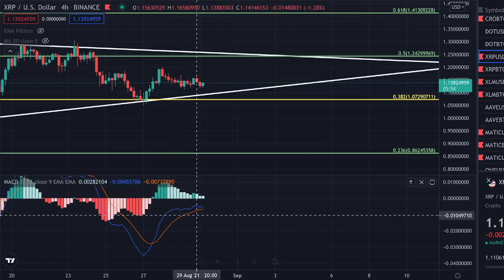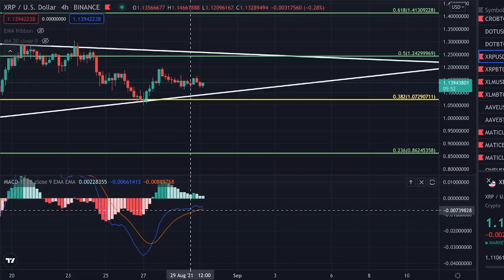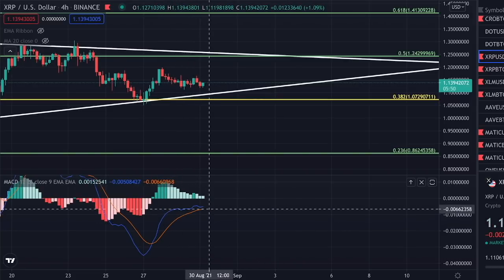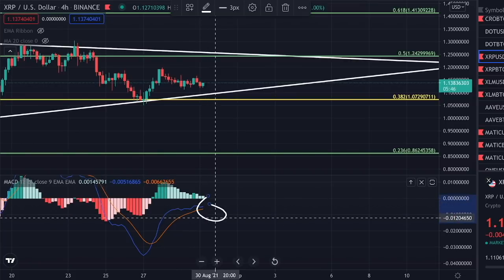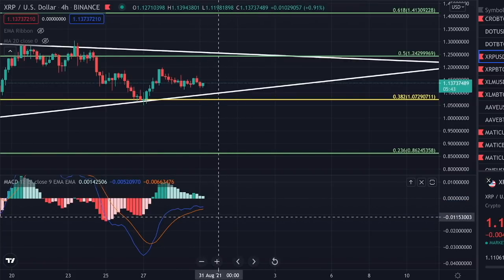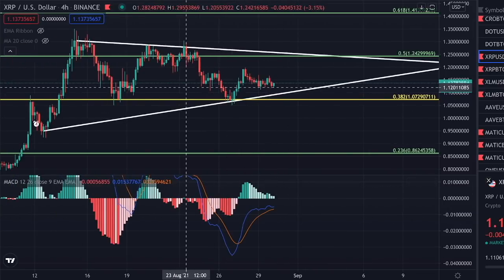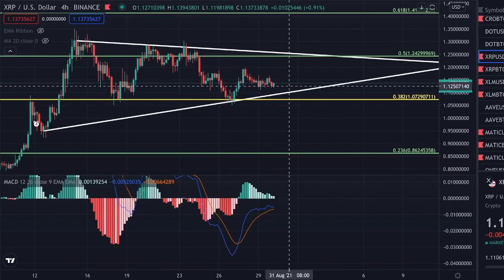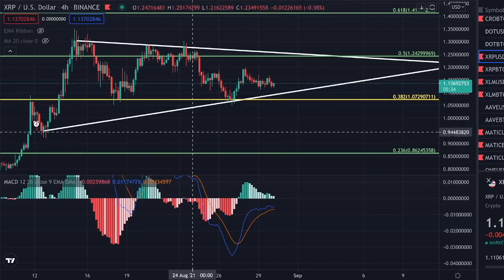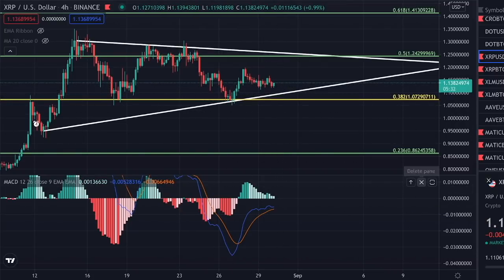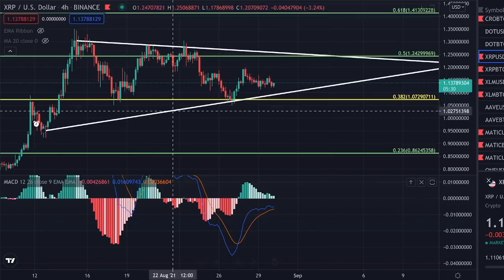We were able to reverse that trend for a while, and right now we are heading once again towards a perhaps crossover on the MACD on the 4-hourly time frame. And if we see this momentum getting started, we might see once again a major move towards the downside, and perhaps even breaking below this ascending support line. So for me, the 4-hourly MACD is not looking very well right now.